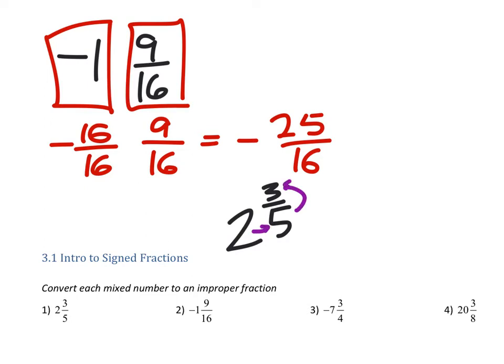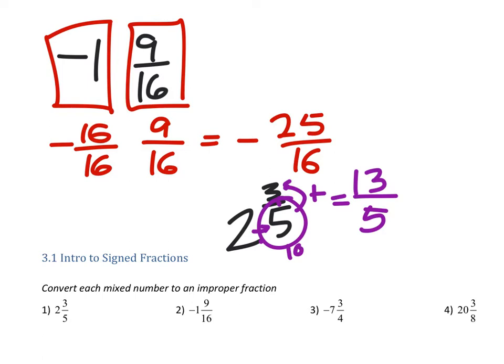So we're going to take the 2, the whole value, and multiply it by the denominator 5. That will tell us how much the 2 is worth. So 2 times the 5, and then we add the 3. So 2 times 5 is 10, plus the 3 is 13. So this equals 13. We keep the fifths because that's the size of the pieces that we're comparing. And this would be the improper fraction for number 1.